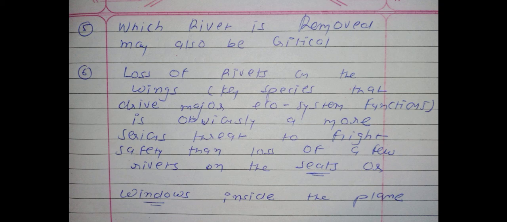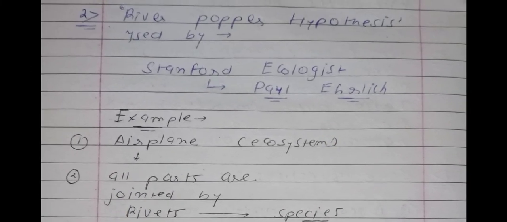So it is like a story, okay. This story is one type of hypothesis, and this hypothesis was given by the Stanford ecologist, whose name is Paul Ehrlich, and this story is known as the rivet popper hypothesis.